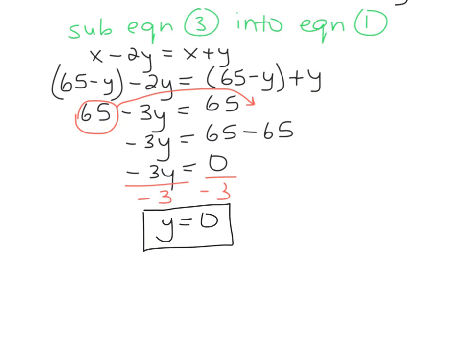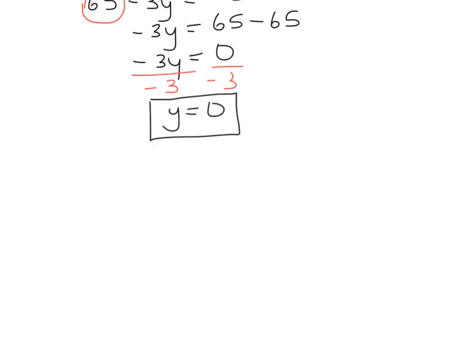So now that we have the answer for y, we need to go back and solve for the x. So it is your choice. You can take your answer and substitute it back into equation number 1, equation number 2, or even equation number 3. It is completely your preference and your choice. So since it's set up so nicely for me, I'm going to substitute y back into equation number 3.